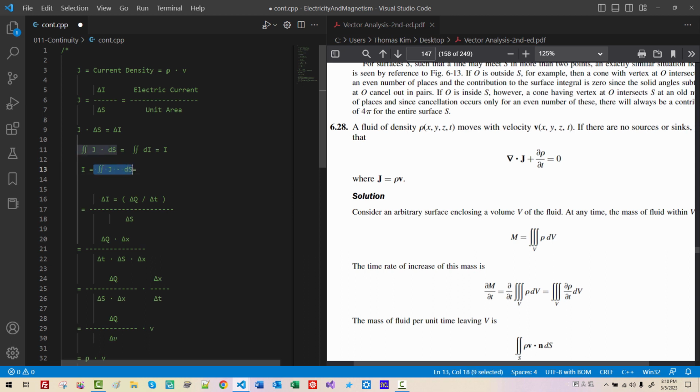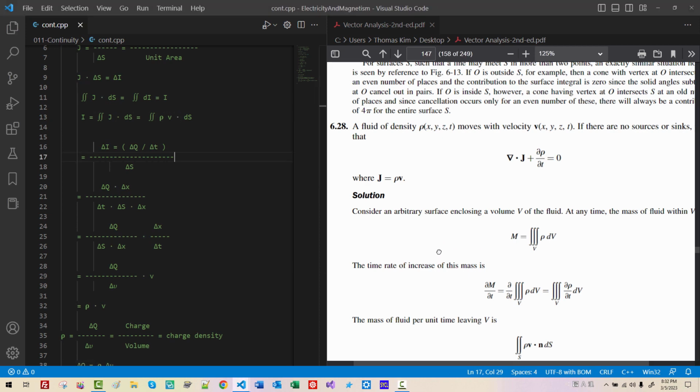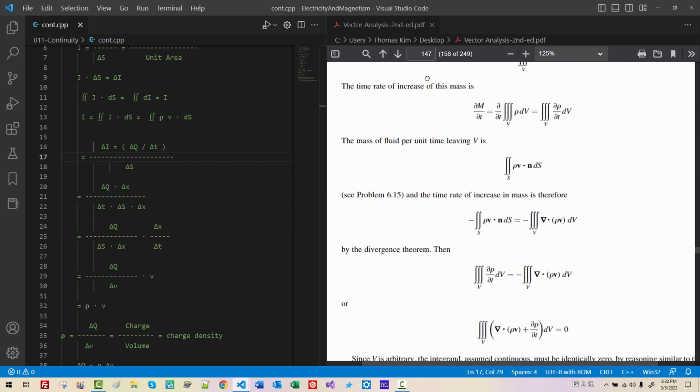Here I will copy this and paste it here. J is ρ times V. I will substitute ρV for J. This is scalar multiplication. This is vector multiplication.